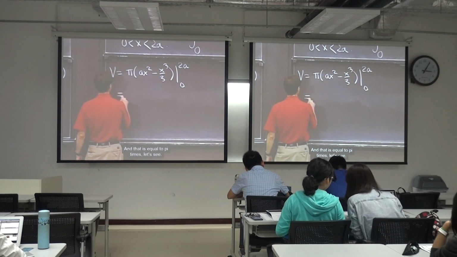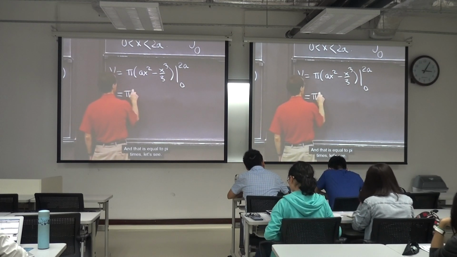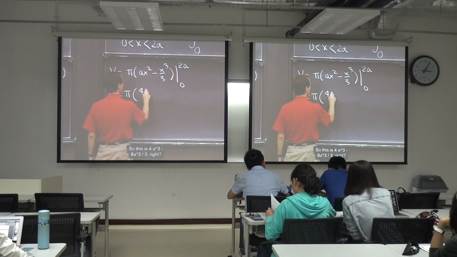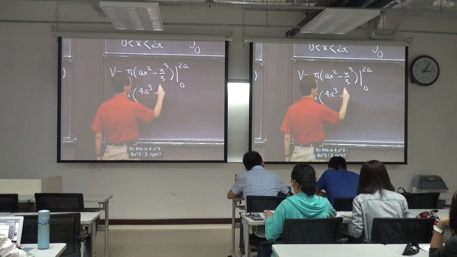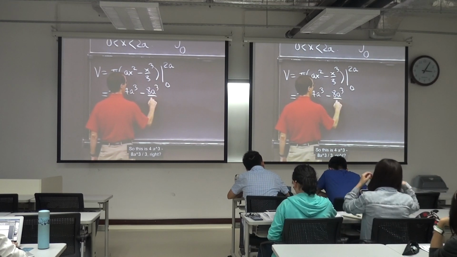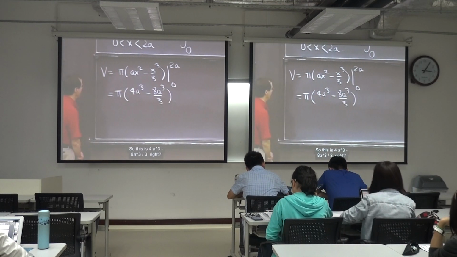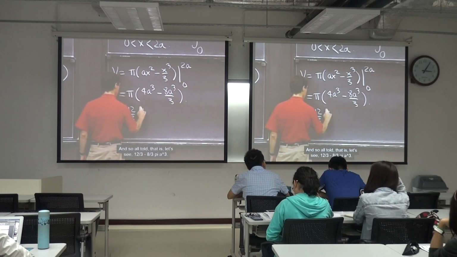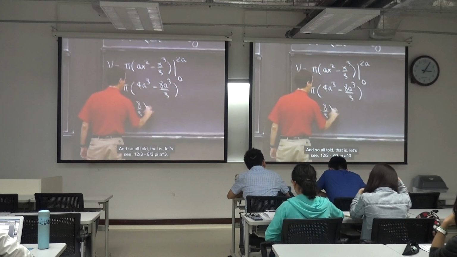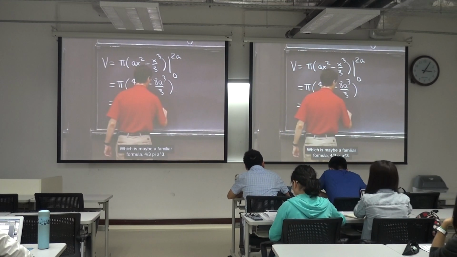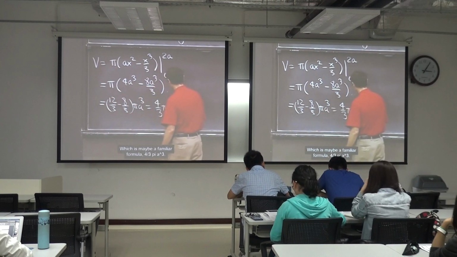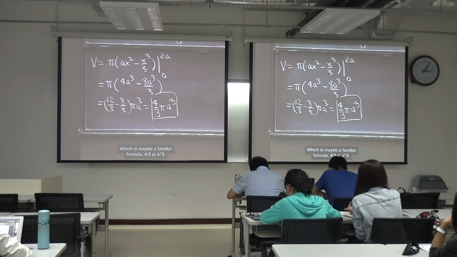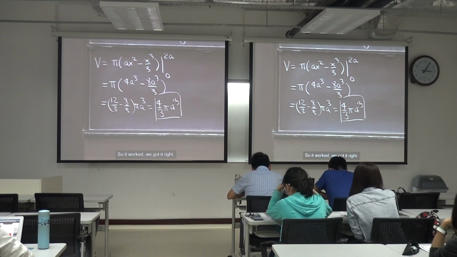And that is equal to pi times, let's see, 2 squared is 4, so this is 4a cubed minus 8a cubed over 3, right? And so all told, that is, let's see, 12 thirds minus 8 thirds pi a cubed, which is a maybe familiar formula, 4 thirds pi a cubed. So it worked, we got it right.